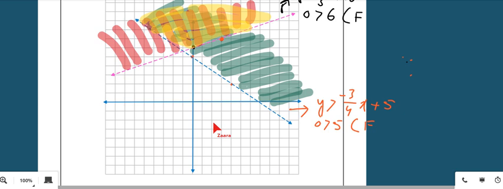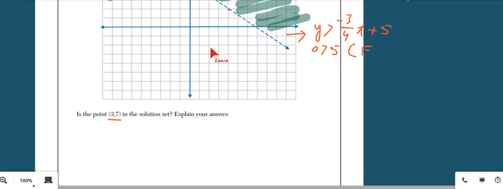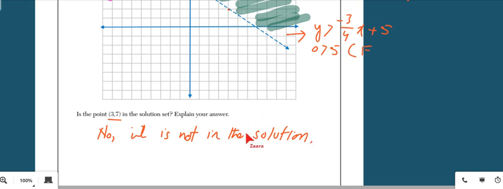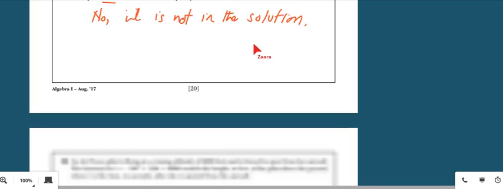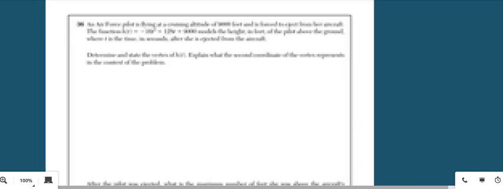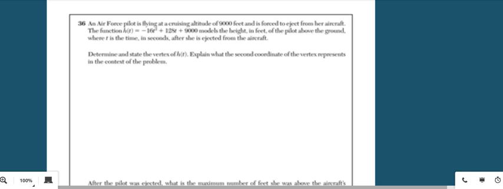It is not in the solution, because the line was a dashed line and the point lies on the dashed line. Clear? Okay.